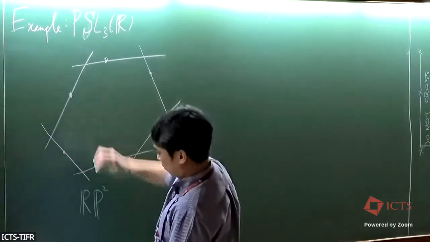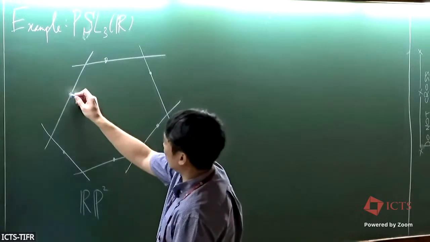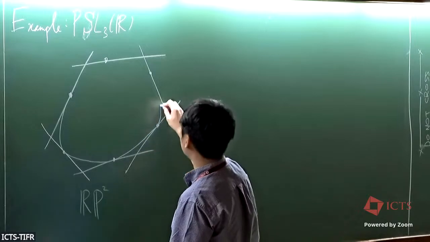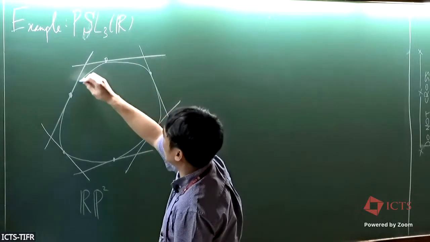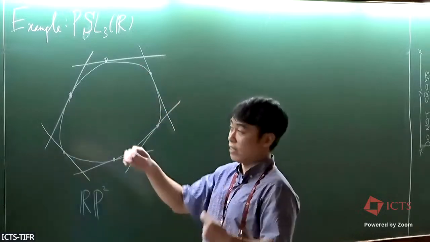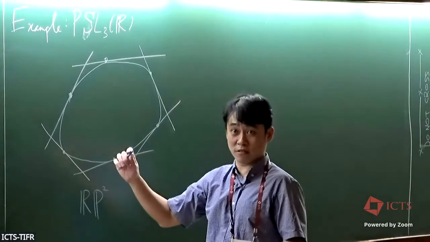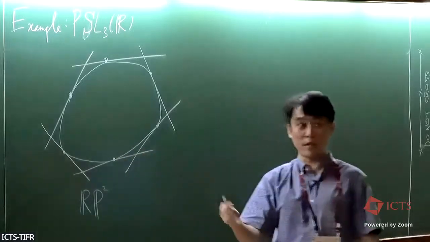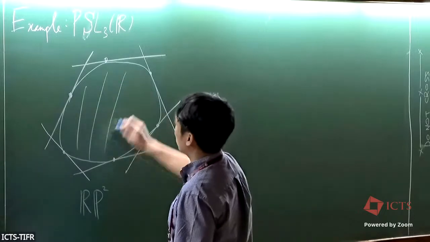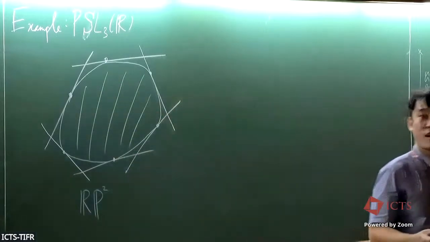Positive means that you can find some properly convex domain in this affine chart whose boundary passes through all the points and all the lines are tangent to it. That's what positivity means in SL3R. Any questions about that?